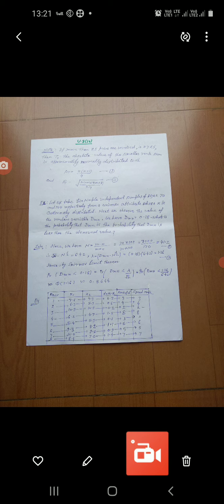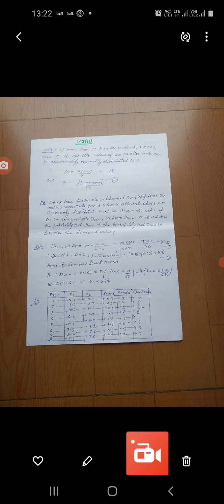Now we will discuss another example, which is related to the Wilcoxon signed rank test for paired observations. Here we have 8 pairs. The pair numbers are 1, 2, 3, 4, 5, 6, 7 and 8. Observations x1 and x2 are given.